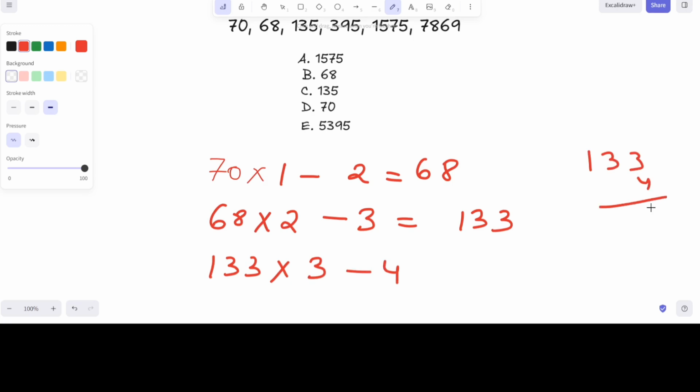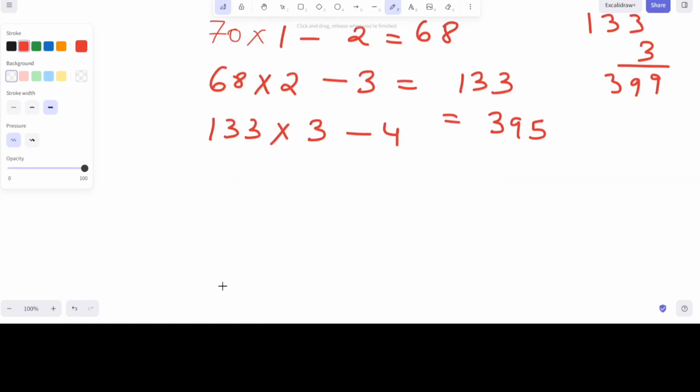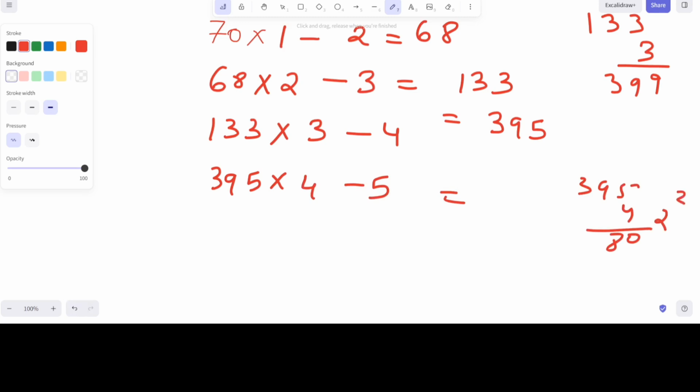Let's check. 133 into 3, 399 minus 4, that is equal to 395. Next term should be 395 into 4 minus 5, that is equal to 1575.